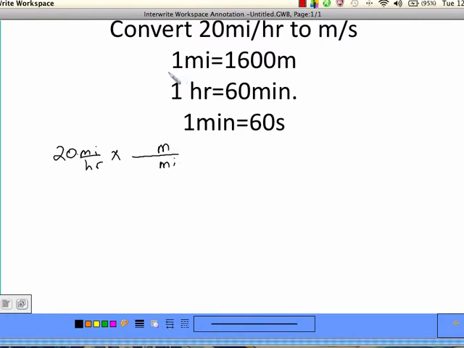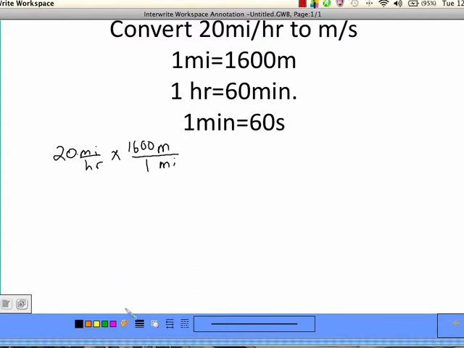Wonderful. So for 1 mile, we have 1,600 meters. Now, you can at this point multiply straight across.